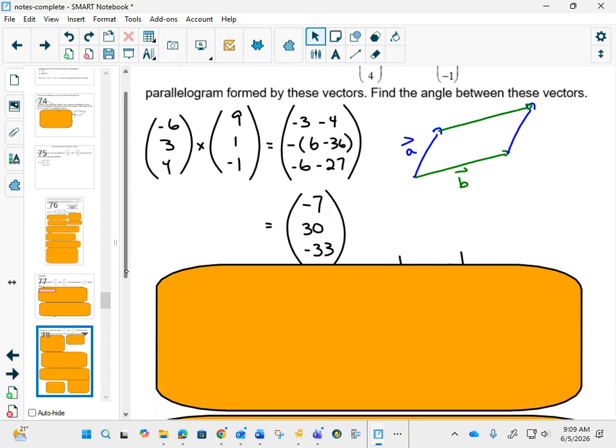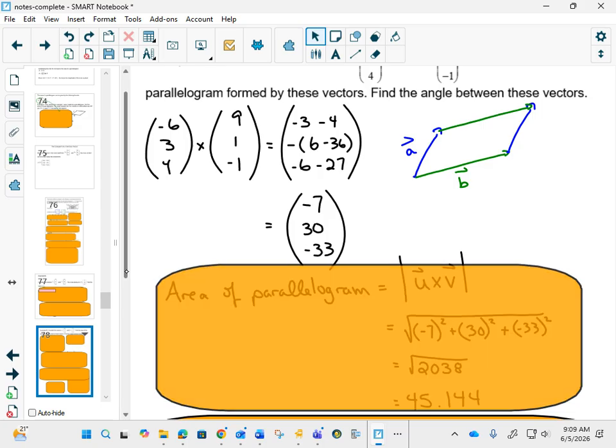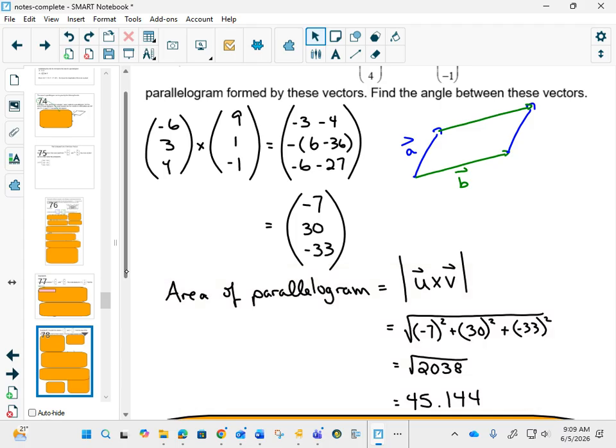In order to find the cross product with the other formula, you would have needed the angle in between, which we weren't given in this question. We were asked to find that as well. So the Cartesian method here is much better for finding the cross product, and once we have that cross product, the area of the parallelogram is just the magnitude of the cross product. 45.144.